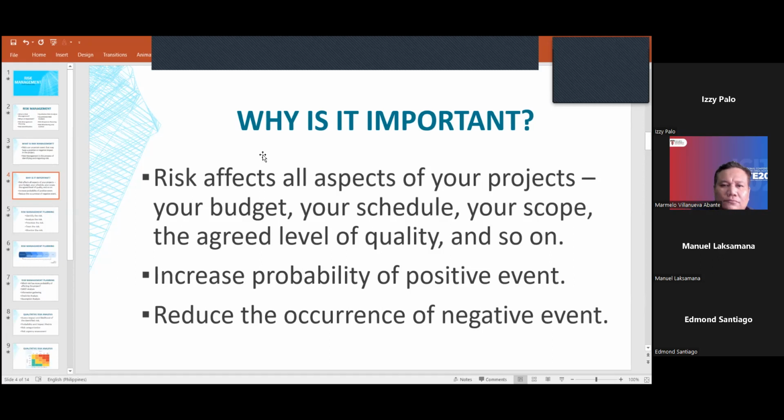It also reduces the occurrence of negative events that will impact the success or goal of a certain software, which will also affect the company or the user of the software or applications.